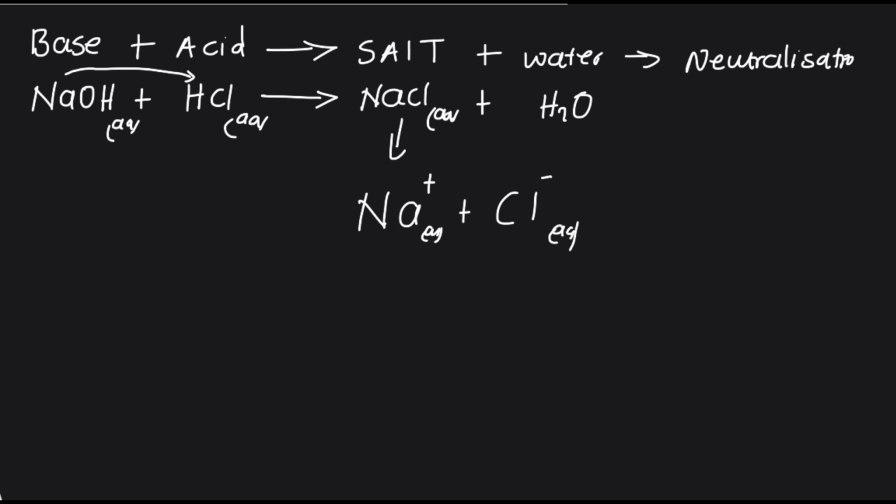Now let's look at where the sodium came from in terms of the reactant. We can see that the base contributed the cation, which is the positive ion. Then the acid contributes a negative ion. So a salt can also be defined as a substance that contains a positive ion from a base and a negative ion from an acid.